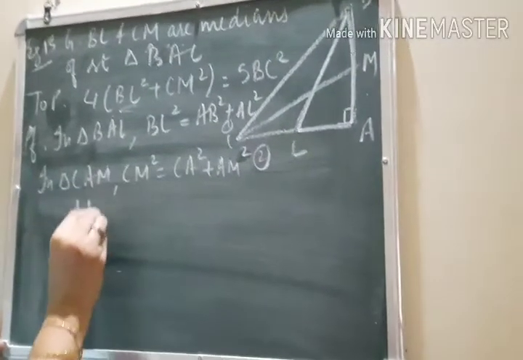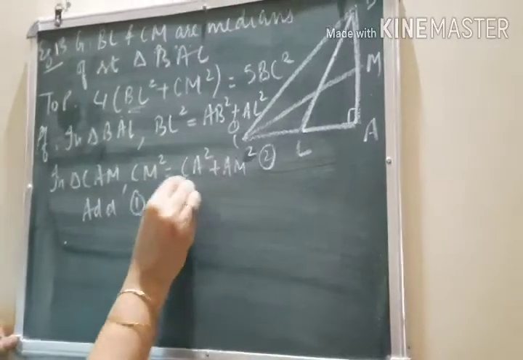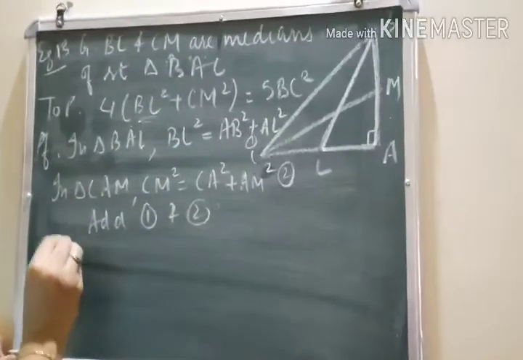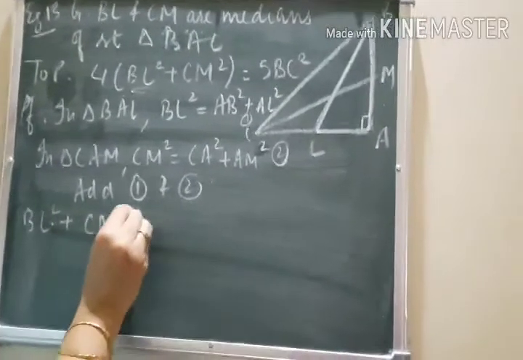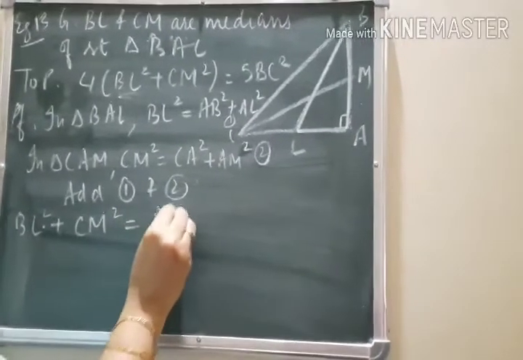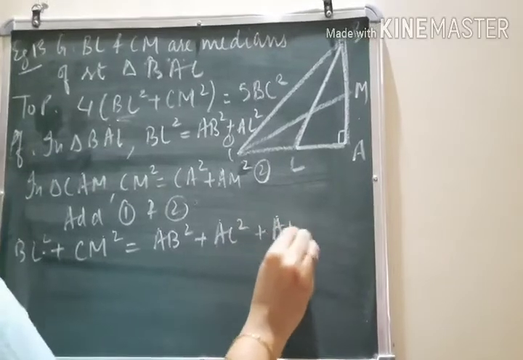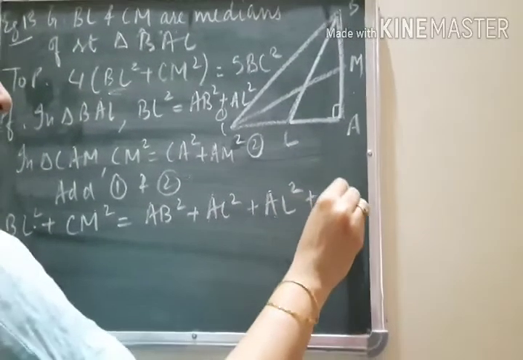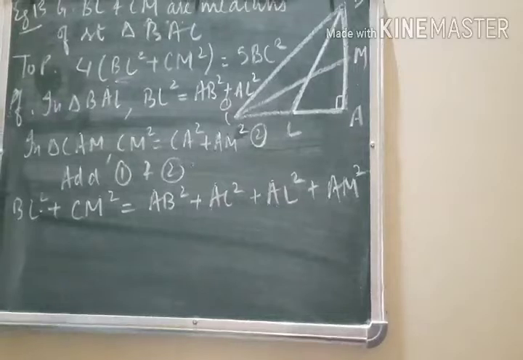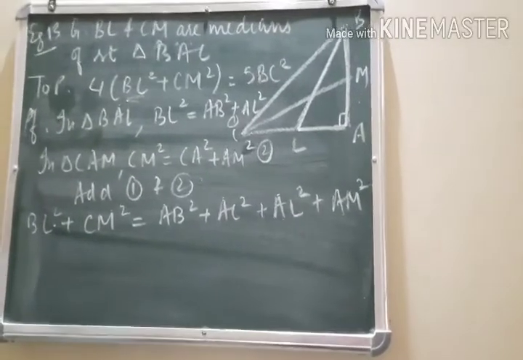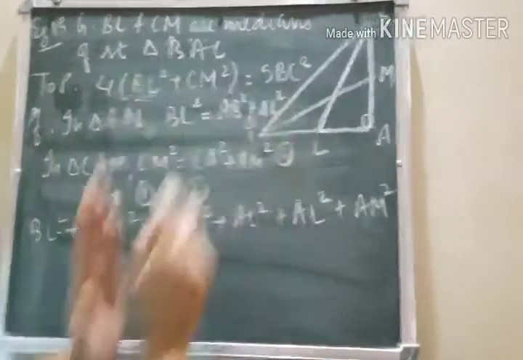So add 1 and 2. When you add 1 and 2, it will be BL square plus CM square is equal to AB square plus AC square plus AL square plus AM square. Okay? Right?